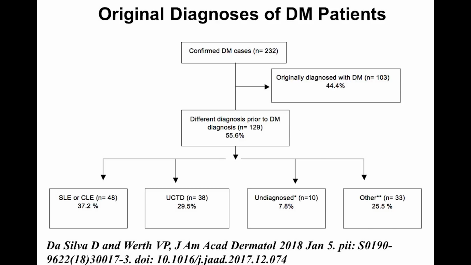It turns out 37% came in as lupus or CLE, almost 30% had undifferentiated connective tissue disease, and often patients will have an RNP, and you can see that for sure in many patients with dermatomyositis, and it's actually on the panels, the myositis panels for myositis-associated antibodies. And some were undiagnosed, and then there was this other category. So this just speaks to the need to really become very sensitive to the fact that these patients are not so rare, and we need to figure out who they are.